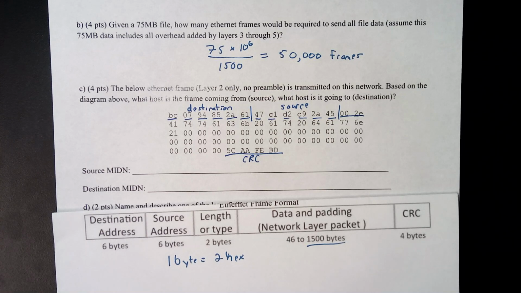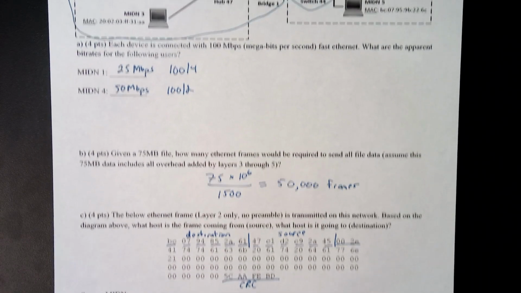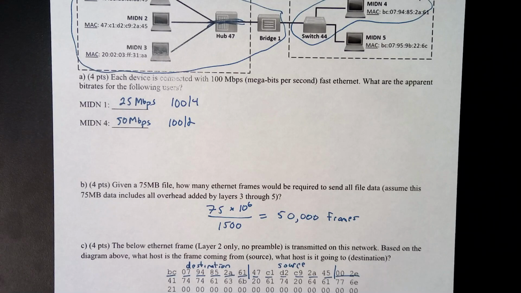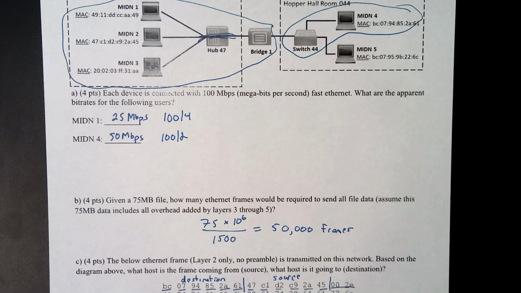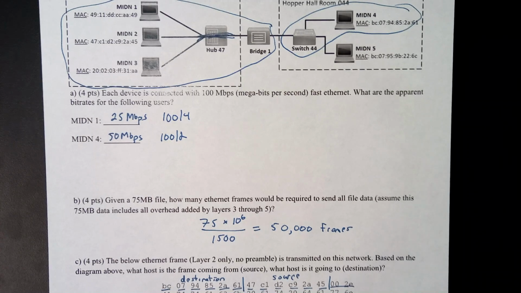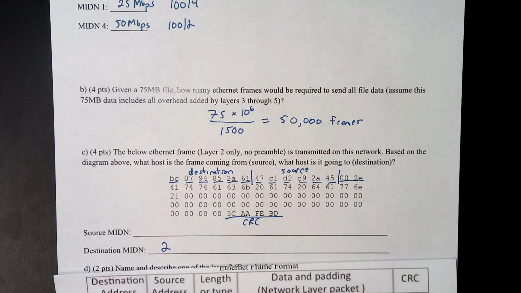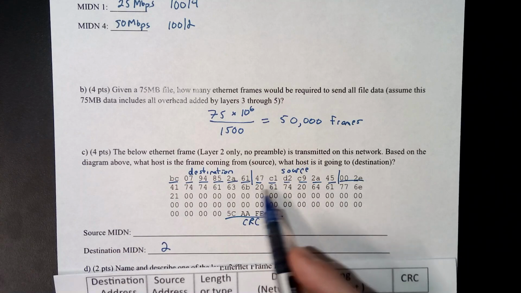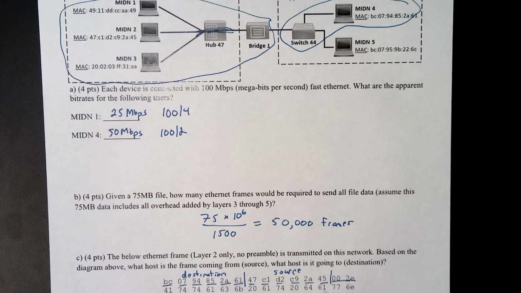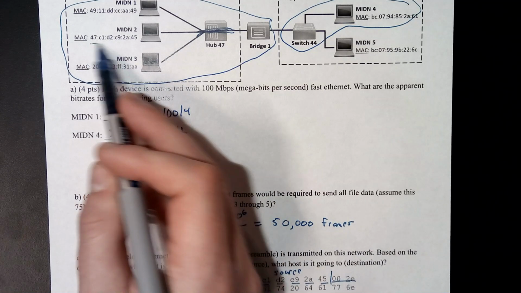Then for this question, we're looking for the destination and source addresses in our diagram at the top. So we've got BC, or our source is 47C1. Let's see, 47C1 is midshipman 2. So the source is midshipman 2 there, just matching this address to the address up at the top, right there.